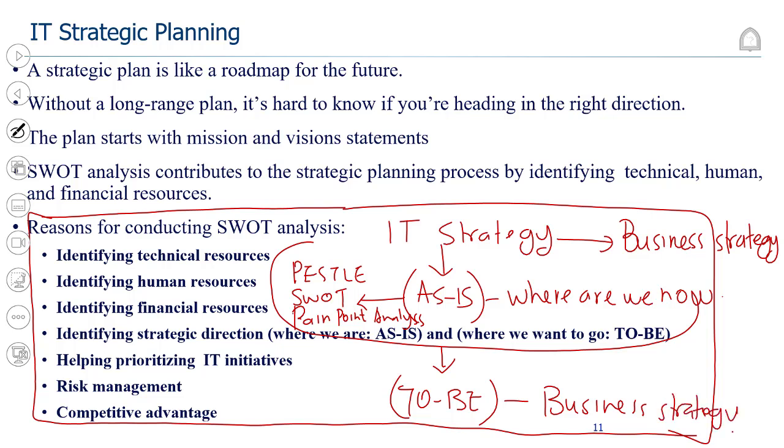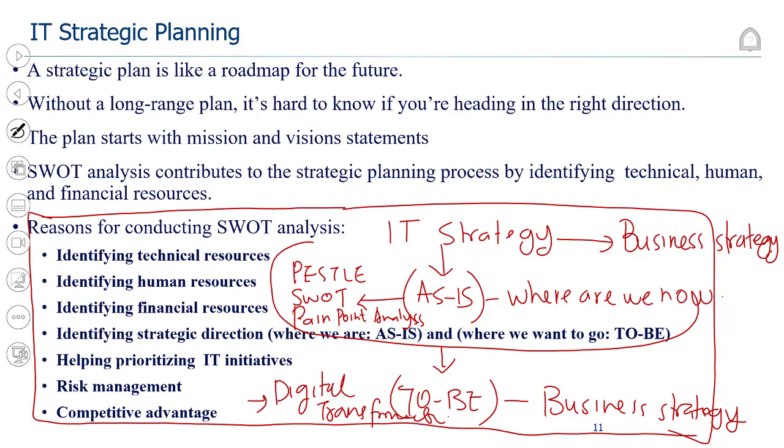So let's say the business wants digital transformation. They want to go online. They want to start selling things online. Then IT will have to find a way to assist them to go digital. But first, IT cannot decide that you're going digital.